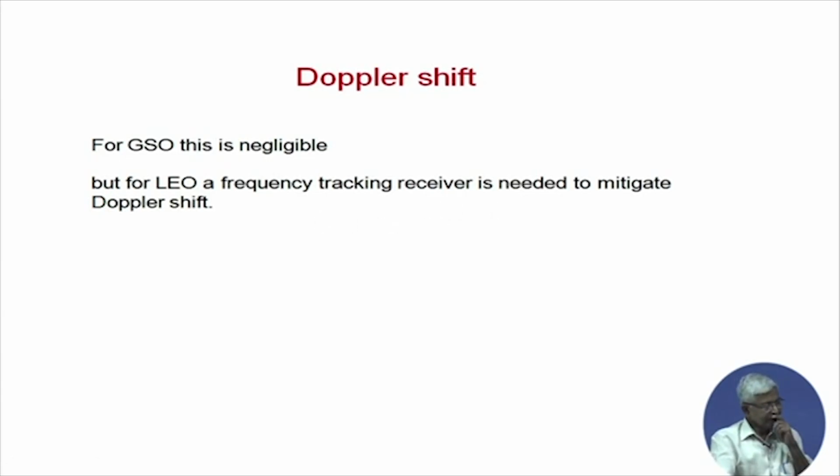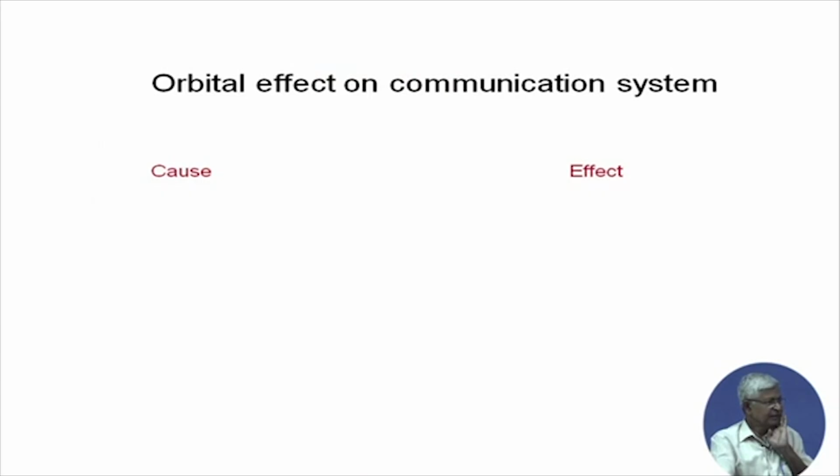So, very briefly speaking, we have seen the effects of different orbits on the communication system, which can be listed like this: the range variation, which will affect the time.